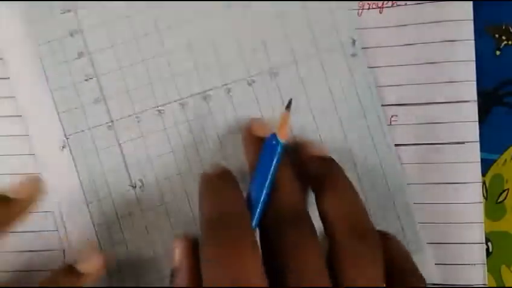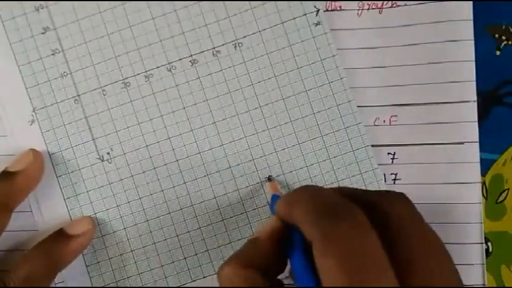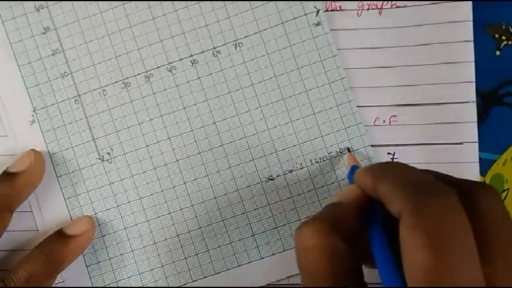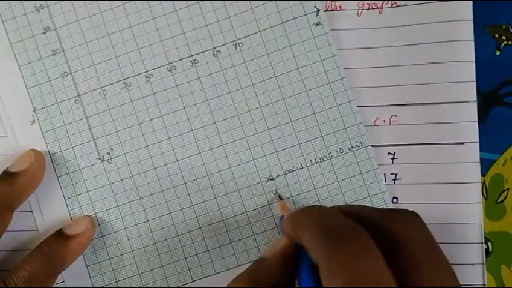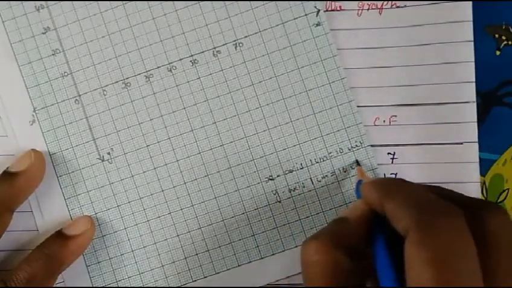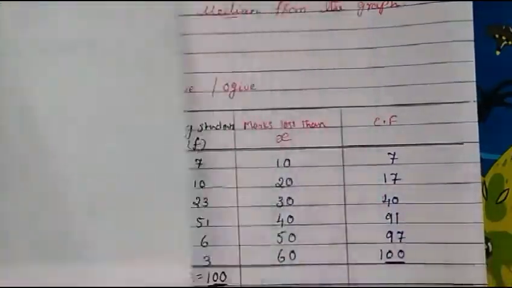If you want, you can mention it in the graph: on the x-axis 1 centimeter is equal to 10 units, and on the y-axis also 1 centimeter is equal to 10 units. Okay, so now let us plot the graph.